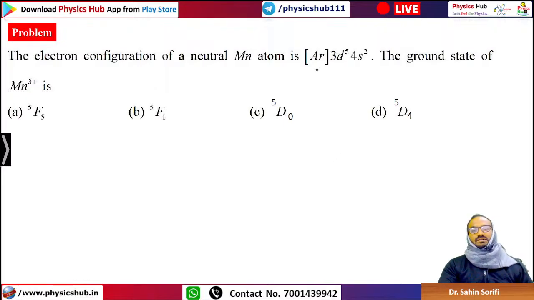Look, this one is a little bit tricky. Mn3+: 3 electrons, so 2 electrons from 4s, 1 electron from 3d. So we get the configuration of Mn3+ as argon 3d4.